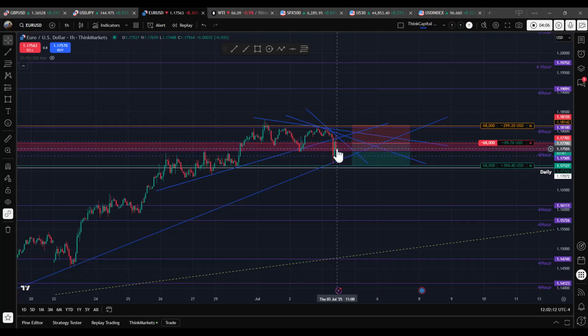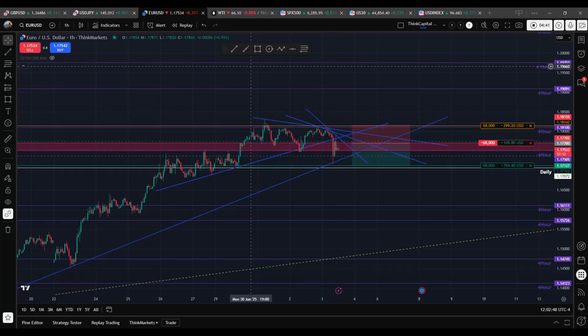If this candle or the next candle breaks below this red one, below this red box, and closes, then basically it has turned into a supply zone. So here, if we get a red candle that breaks and closes below this green one, that will be forming a drop base drop, which is basically a supply zone right here.